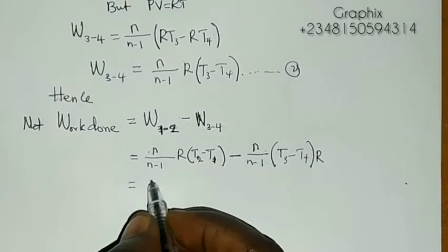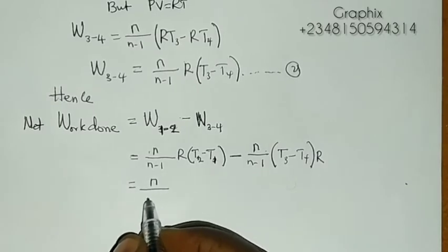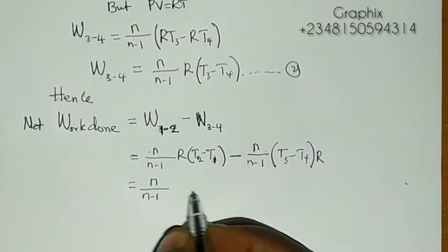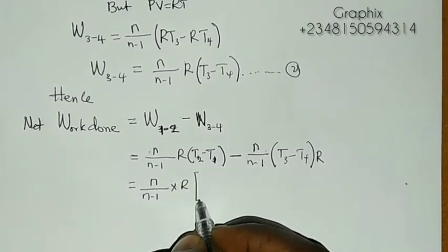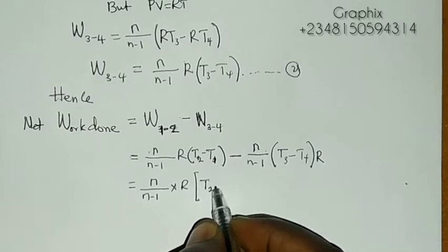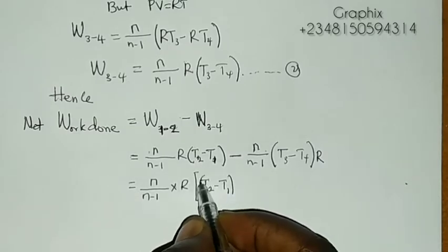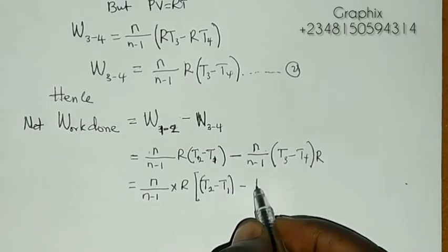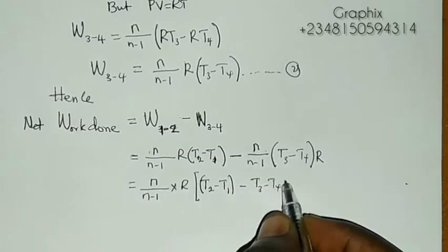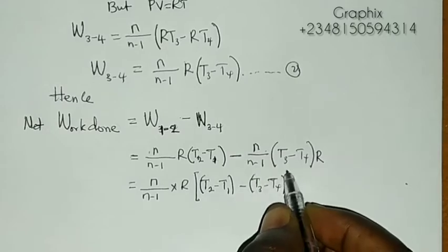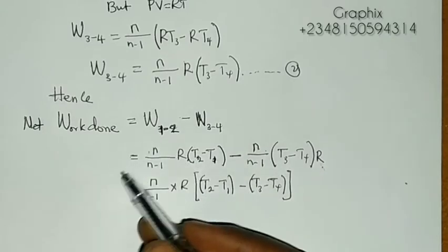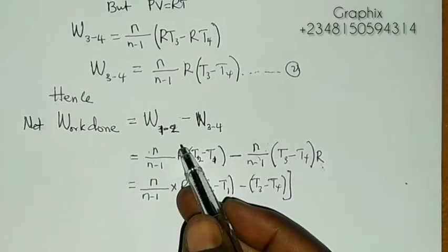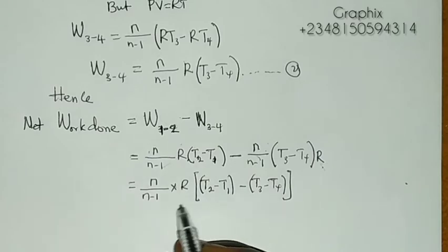My n all over n minus 1 multiplied by R, which I have on both sides. So open the brackets, I'll have T2 minus T1 minus T3 minus T4. So I'll factorize it now. R is here, I brought it out. n over n minus 1 is here, I brought it out. So we'll have this as our net work done here.